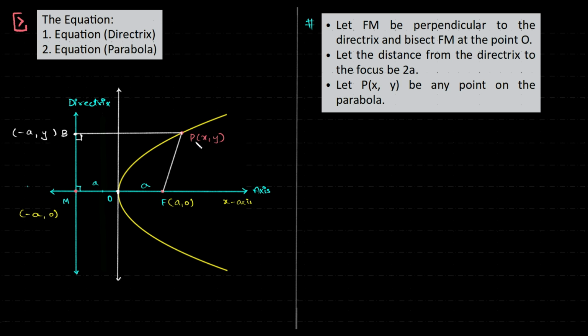The reason being, this point P is at (x, y), that is, it's at a height of y. And this line is perpendicular, so this has to be parallel to this. So obviously the heights have to be equal. It becomes a rectangle, is it not? If I drop this, it becomes a rectangle. And so the coordinate is (-a, y).